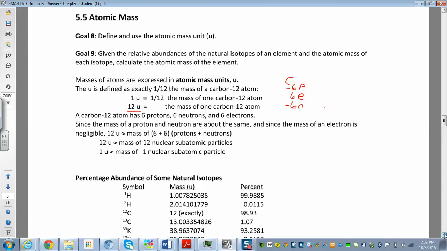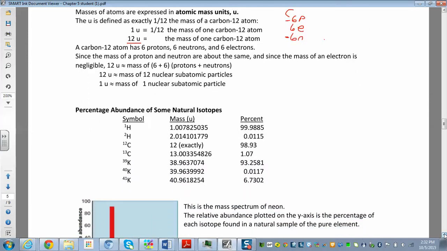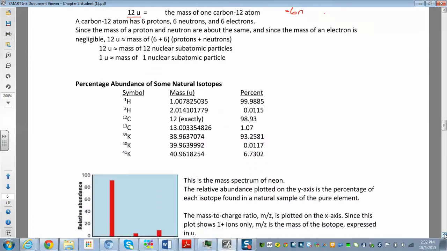All right, so here is the mass of different isotopes of different elements. You can see hydrogen has two isotopes that are somewhat common. The first one has a mass of basically 1 atomic mass unit, and then this deuterium, this heavy hydrogen, sometimes it's called, has an extra neutron.